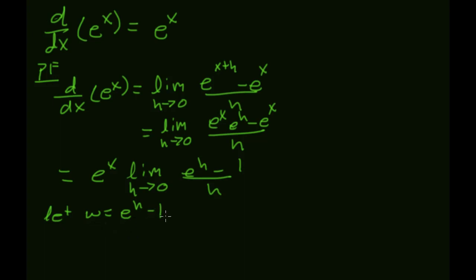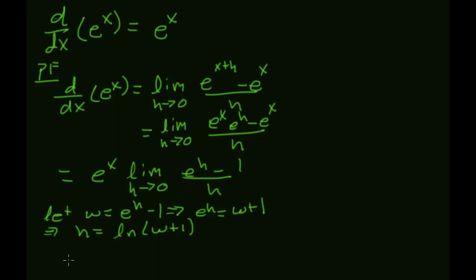This means that e to the h is equal to w plus 1, so h is equal to the natural log of w plus 1. And as h is going to 0, e to the h is going to 1, and 1 minus 1 is going to 0, so w is also going to 0.